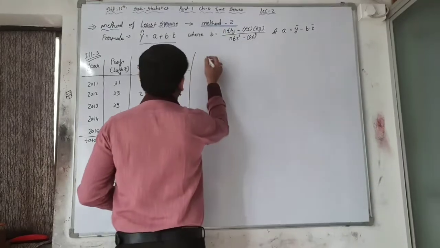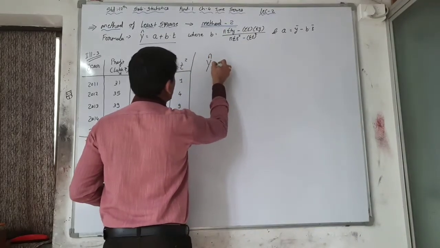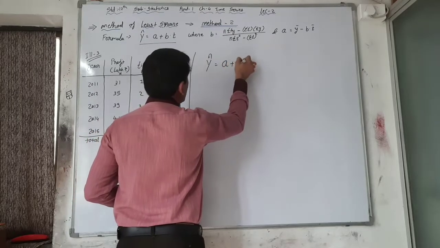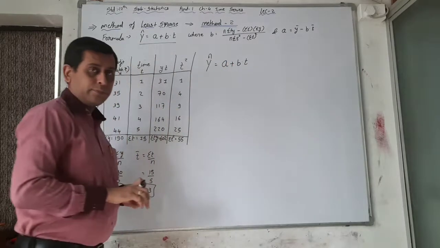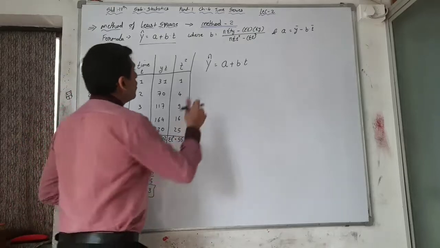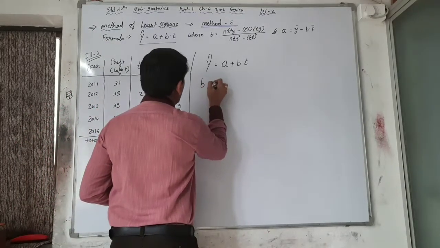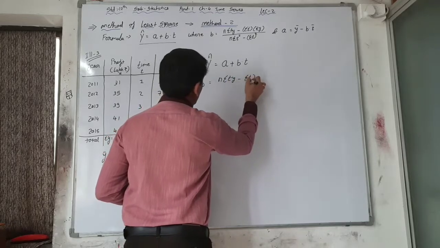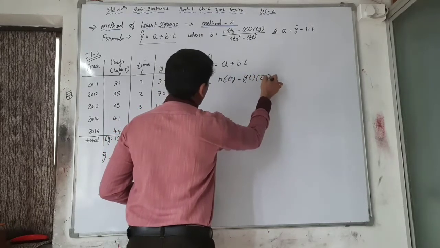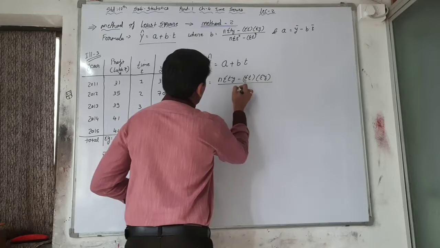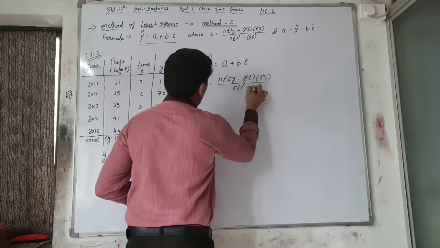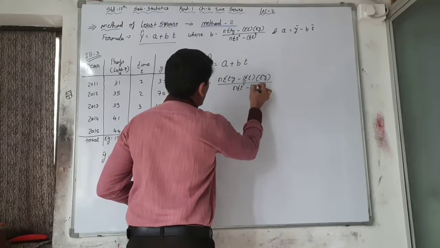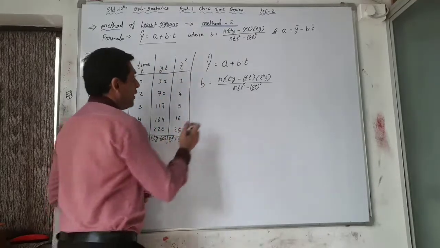So first of all, we take y cap equal to a plus b t, right? Okay, now what is the formula for b? n sigma ty minus sigma t sigma y upon n sigma t square minus sigma t all square, right?